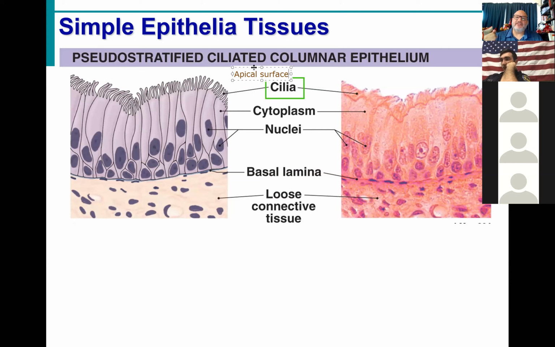Again, not to move the cells, but to move substances across their surfaces. So that's the easy one. So let's talk about the other two terms, starting first with pseudostratified. What does pseudo mean? Semi or? No, it's even less than semi. What does pseudo mean?